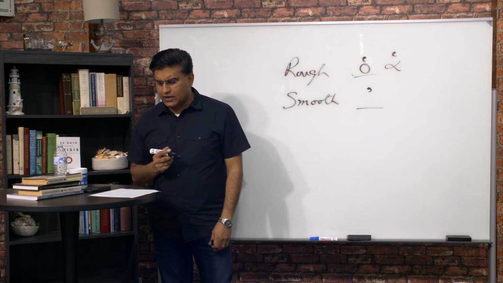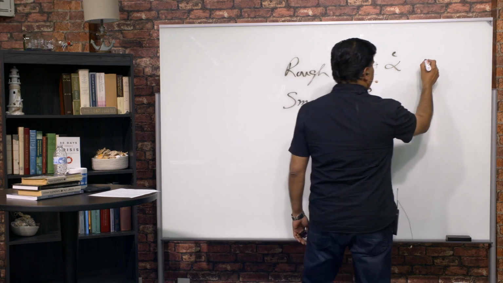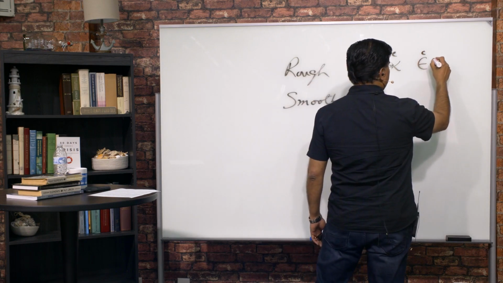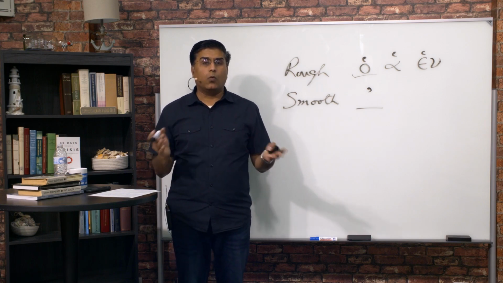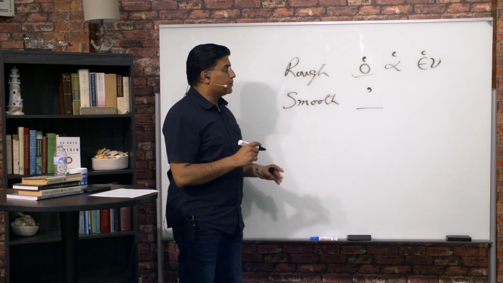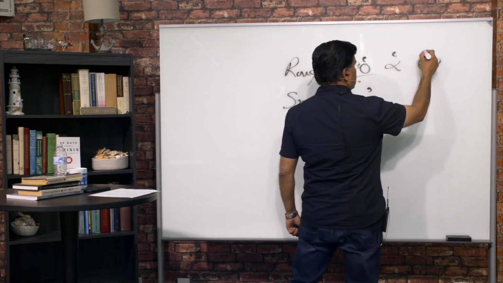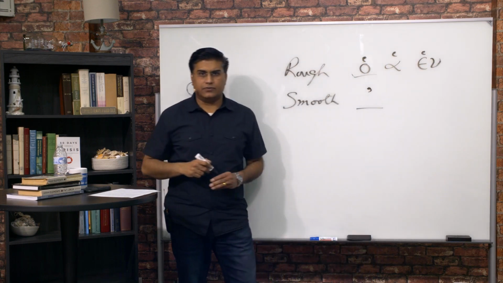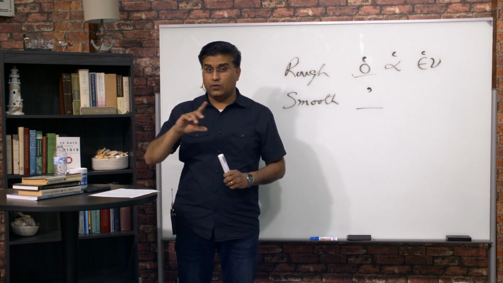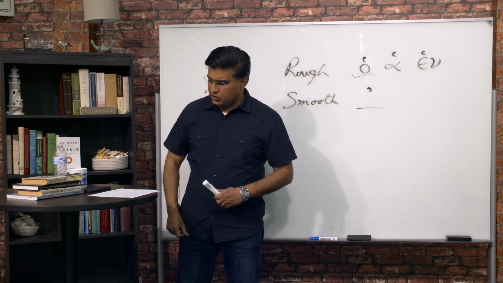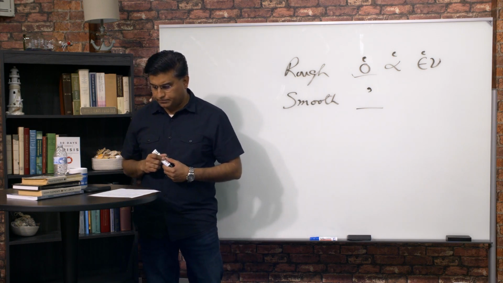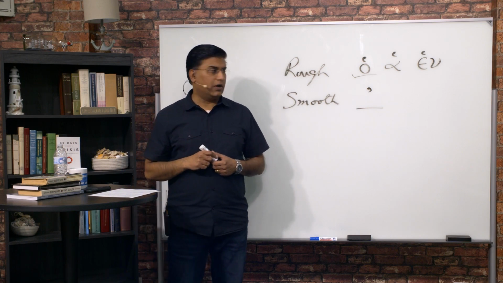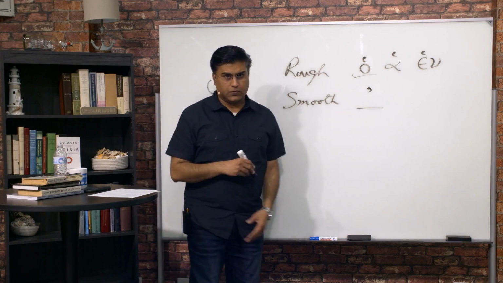Or another example would be this one right here, which is hen, which means one. That's where you see how rough breathing sounds worked in classical or Erasmian pronunciation. Again, the smooth breathing had no h sound.